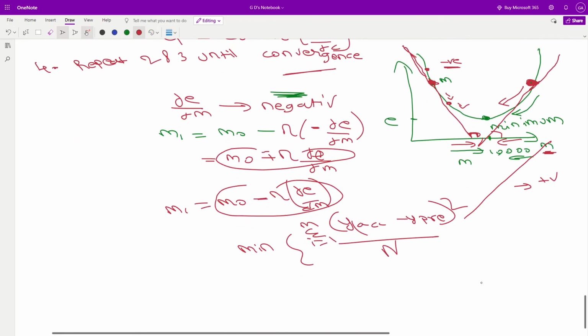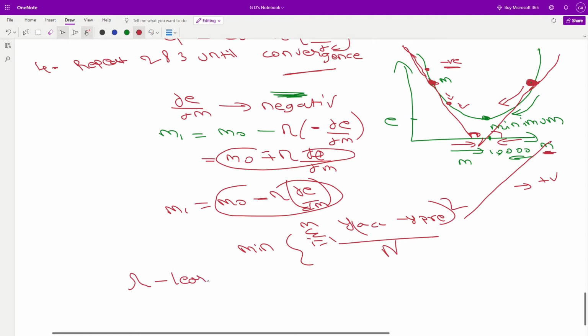That is the main idea of this entire linear regression algorithm. Now, one term we have not talked about is neta. This neta term indicates your learning rate.